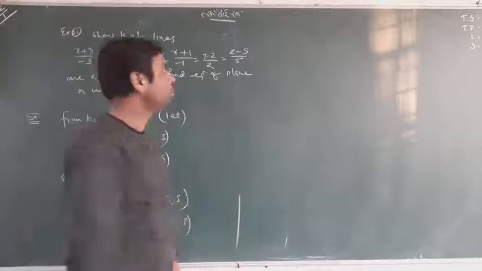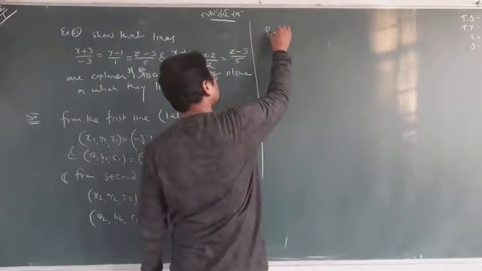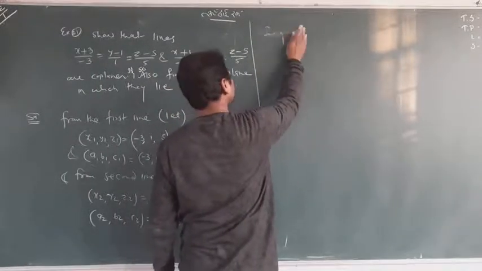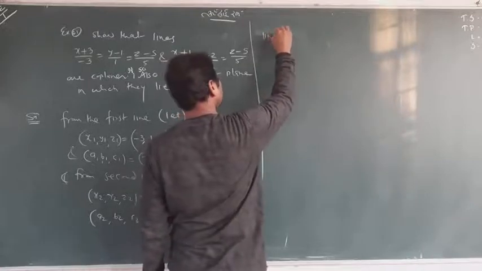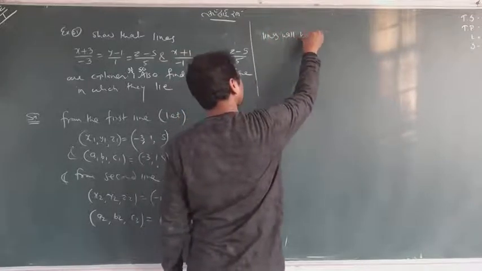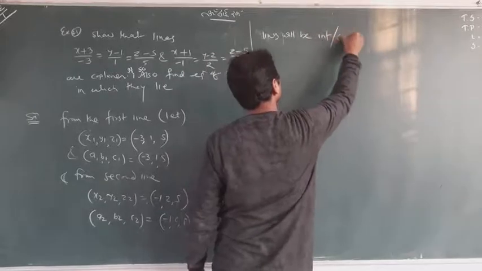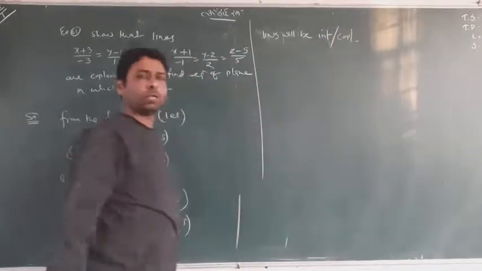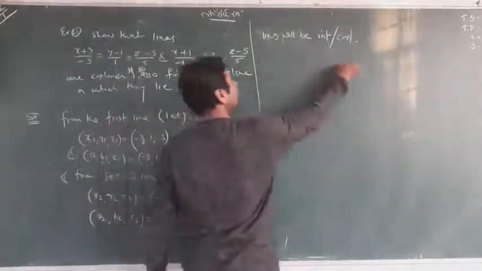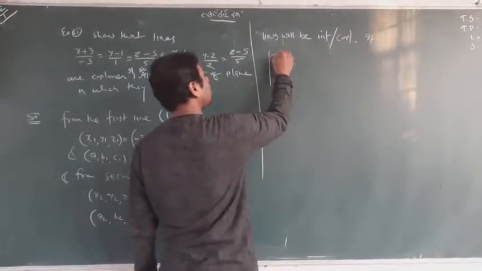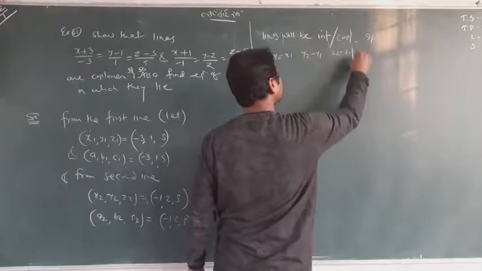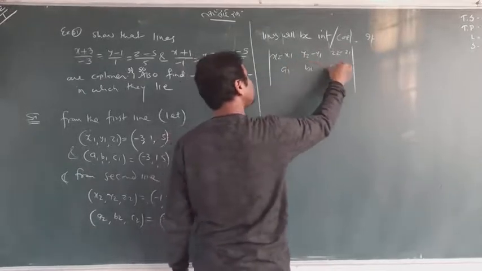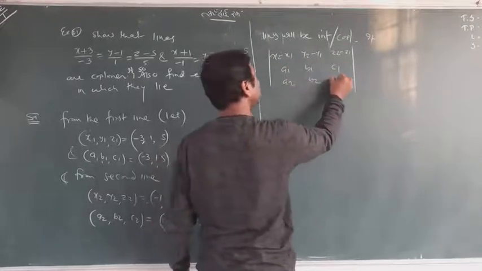Okay, now the required condition is that lines will be intersecting or coplanar. Both have the same meaning. The determinant of x2 minus x1, y2 minus y1, z2 minus z1, a1 b1 c1, a2 b2 c2 must be 0.